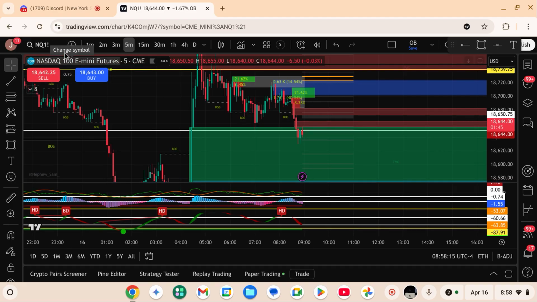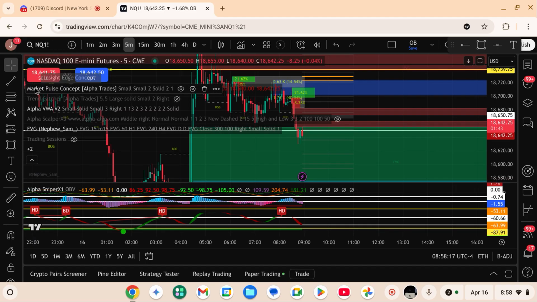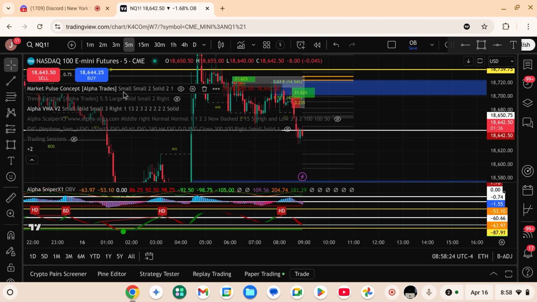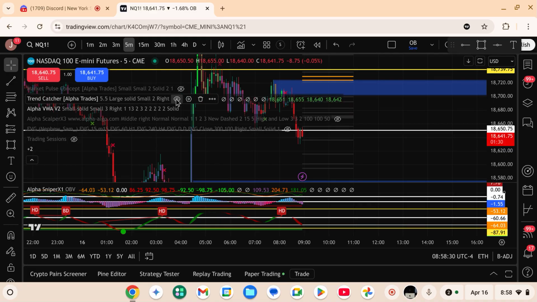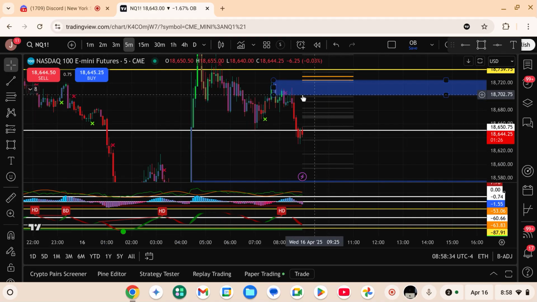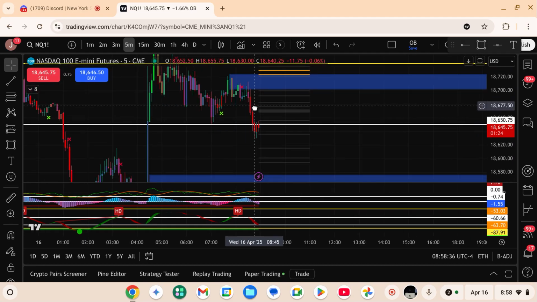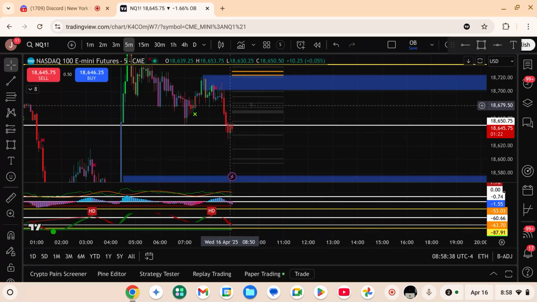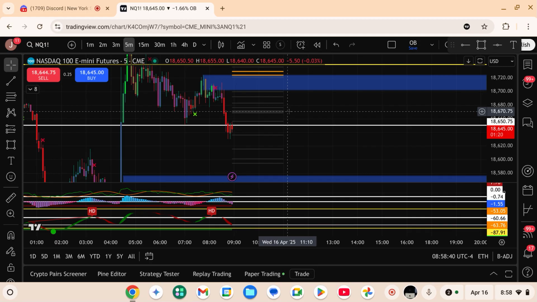Turn some of these gaps off. Yeah, that could be a possible short.